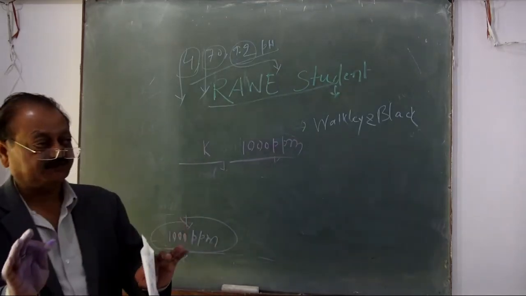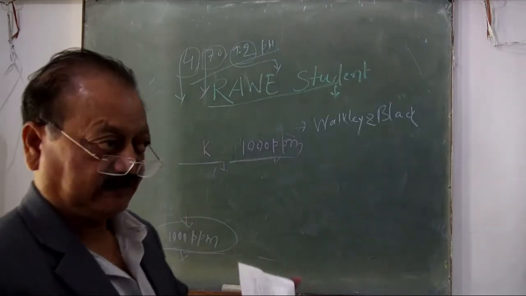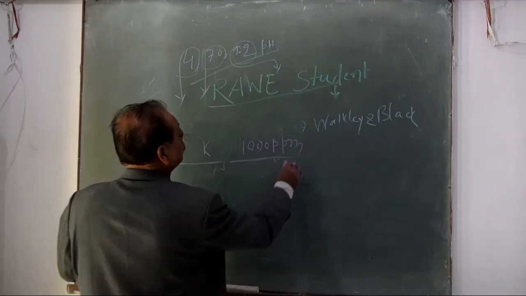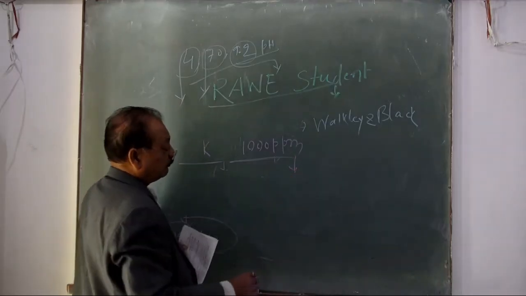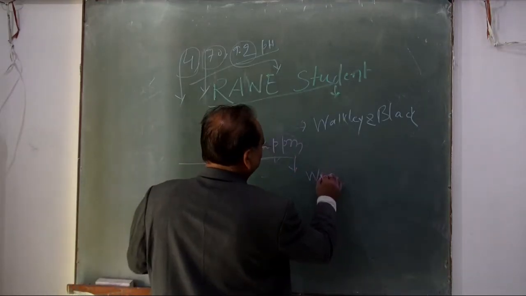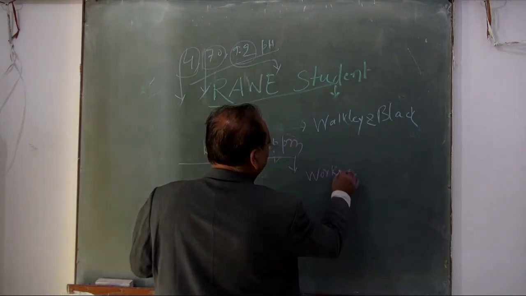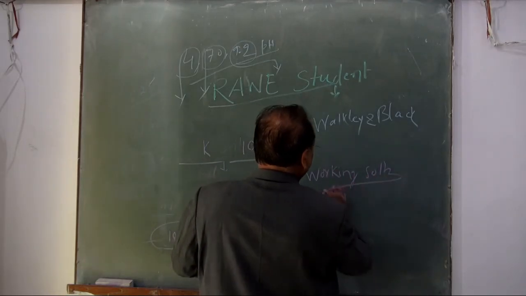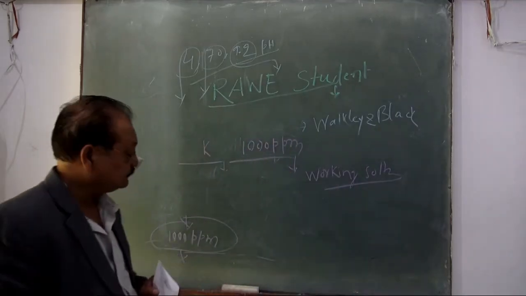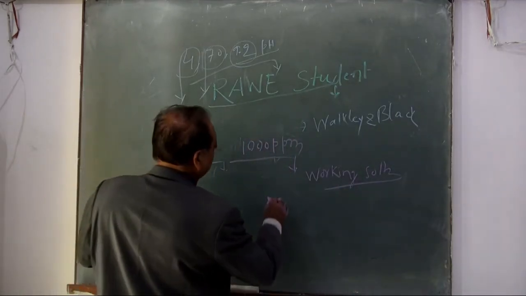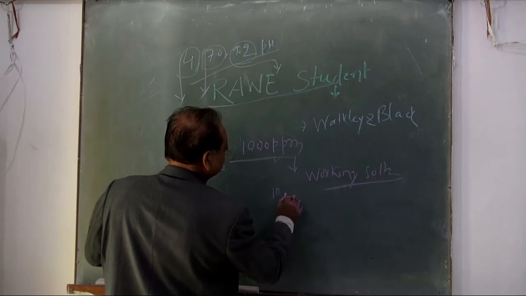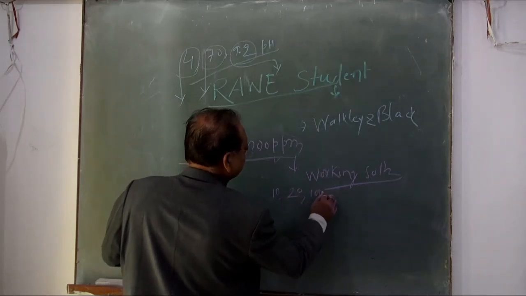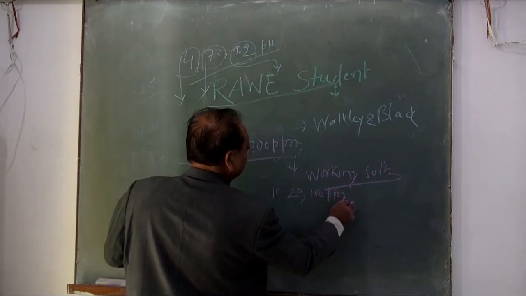You have already prepared the 1000 ppm of K solution, potassium solution. Now from this solution you have to prepare working solutions. Working solution means the lower strength solution. You have to prepare 10 ppm, 20 ppm, 100 ppm, likewise.